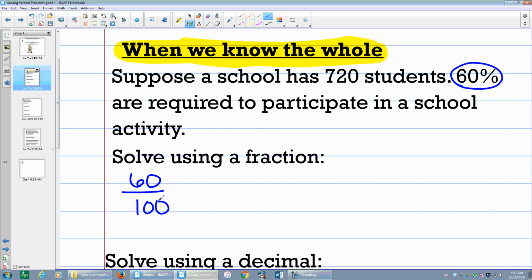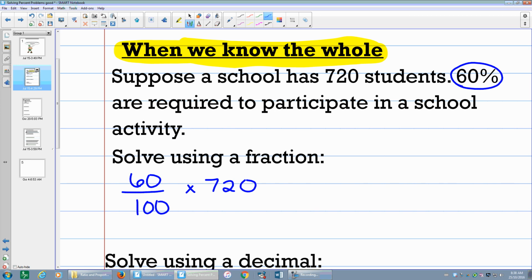Now, I want to find 60% of 720 students. Anytime we're dealing with percentage here, we're going to multiply. So I'm going to write it like this, times 720. Okay, so how do we do this math here?